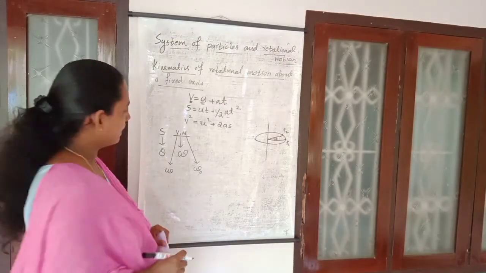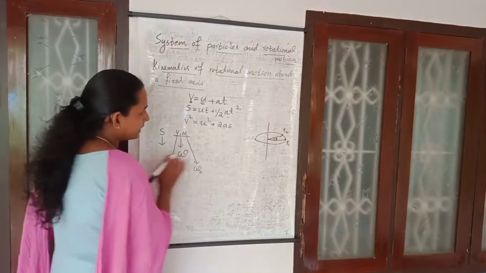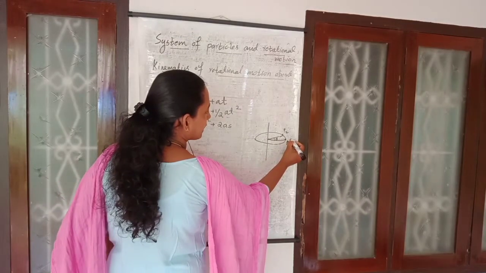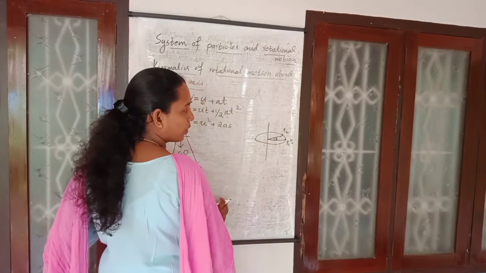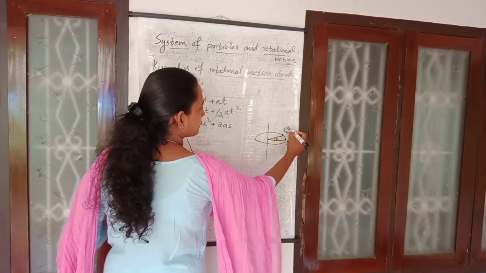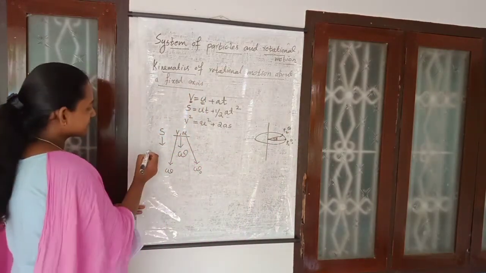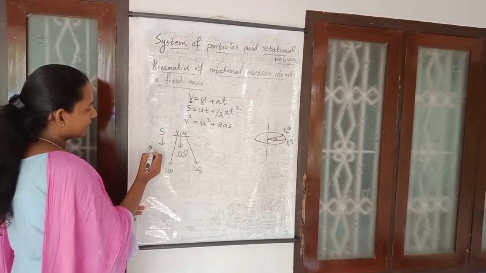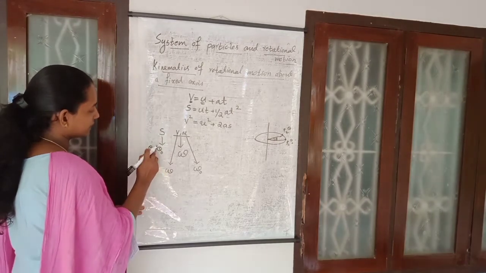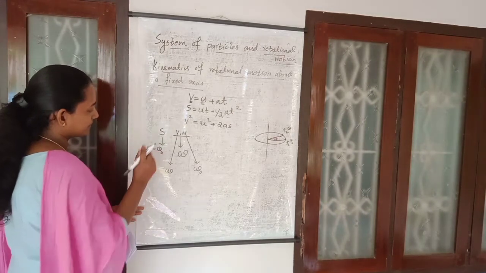In the same way, the particle's angle at the initial position is theta 0, and when it reaches this position theta, the displacement s means final minus initial, theta minus theta 0. Like that also you can do it.